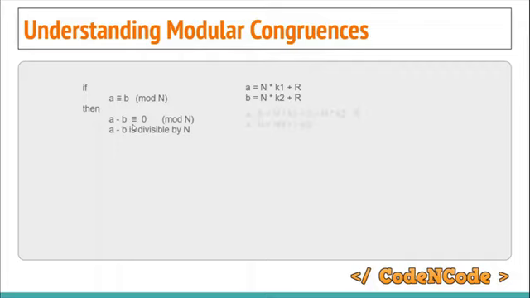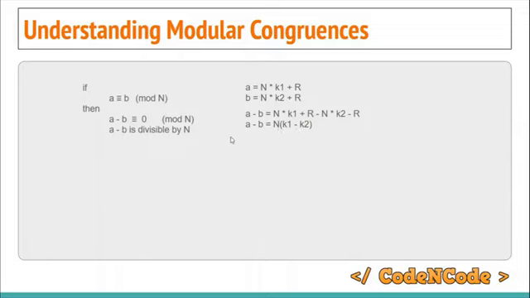Now if we apply the subtraction operator, a minus b would be nk1 plus r minus nk2 minus r. r would cancel r, and then we would be left with n times k1 minus k2. Now this equation proves that a minus b is divisible by n, because k1 and k2 are integers and their difference would also be an integer.